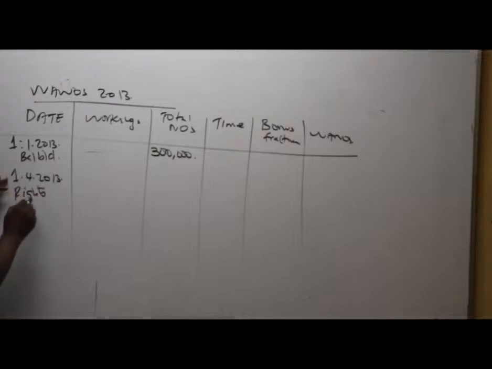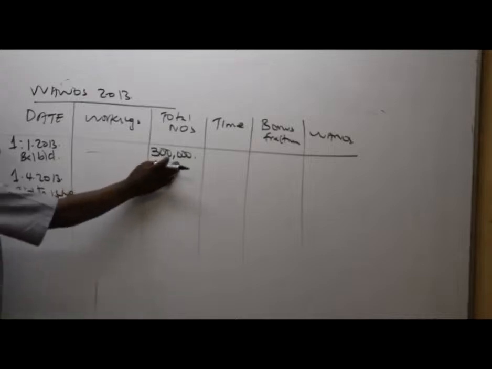And what was the rights issue? How many for how many? So they are saying 1:3. So 1:3 times the outstanding number of shares.